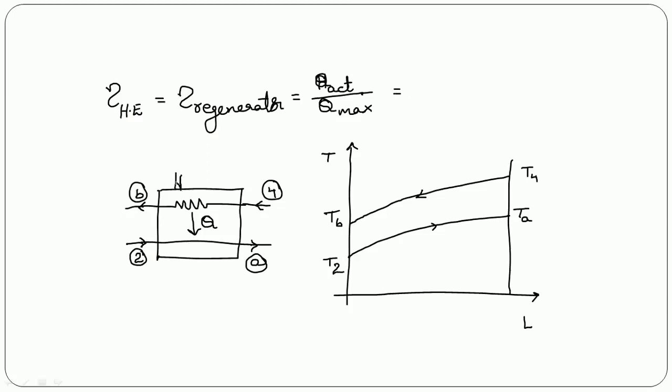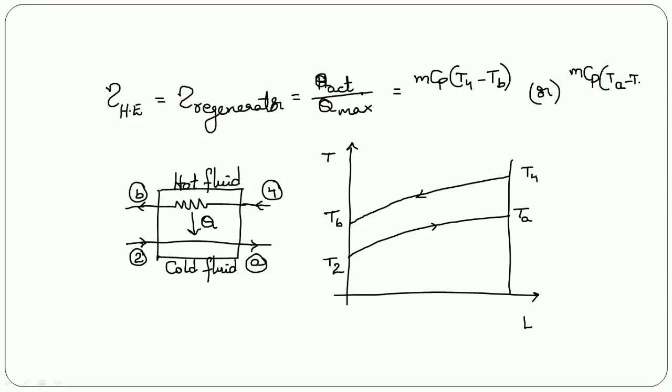Here the hot fluid is the fluid that is flowing from 4 to B, whereas the relatively cold fluid is the fluid that is flowing from 2 to A. So we can write actual heat transfer as heat lost by hot fluid, that is mCp (T4 minus TB), or we can also write this as mCp (TA minus T2). This is heat gained by the cold fluid.